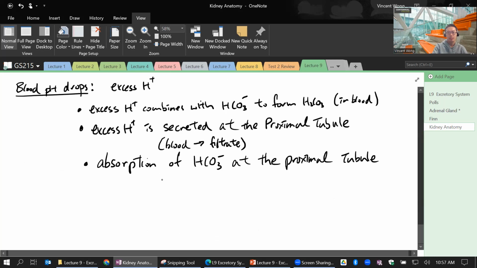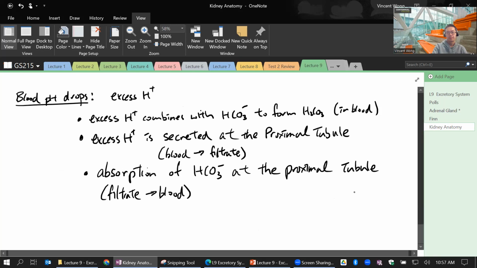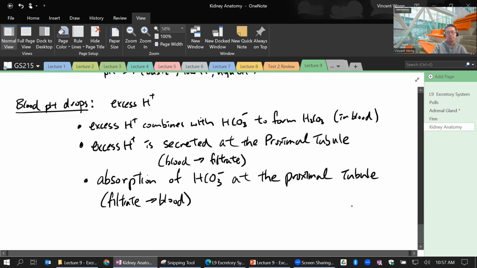And absorption is going from filtrate in the nephron back to the blood. So that's how the kidney plays a role in maintaining blood pH.